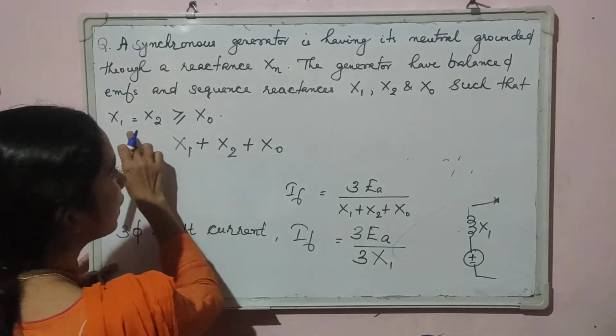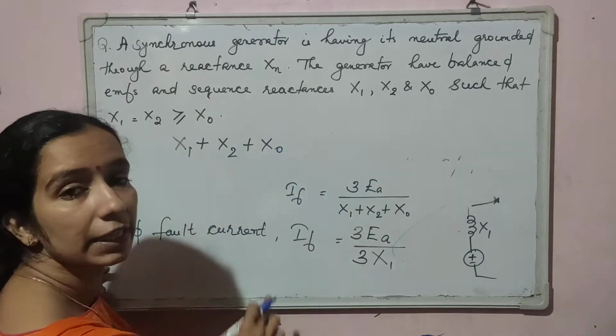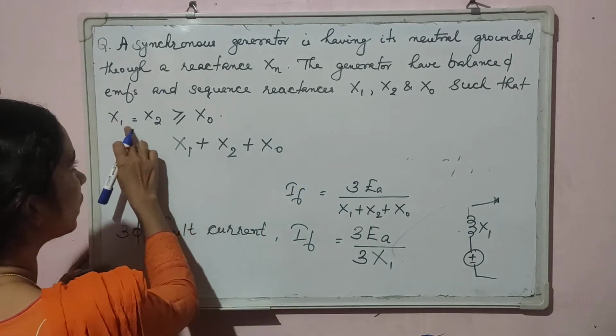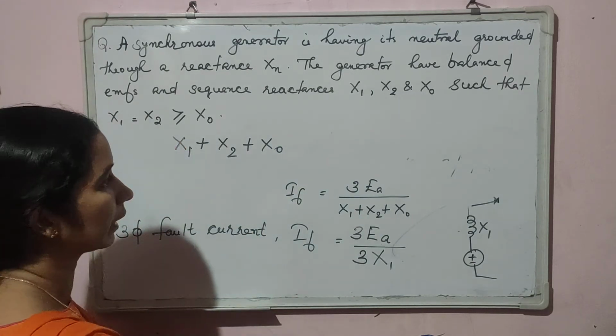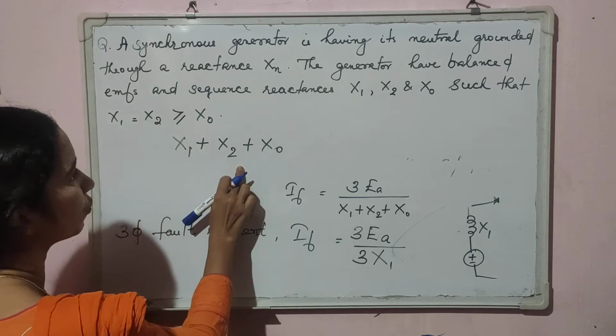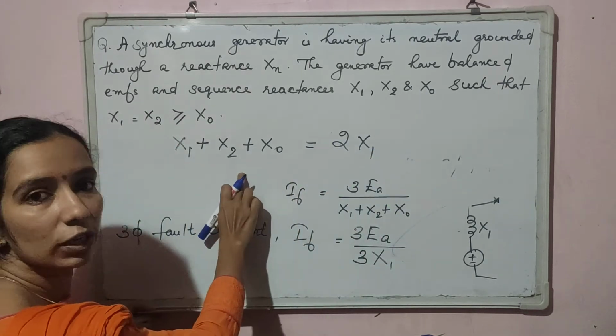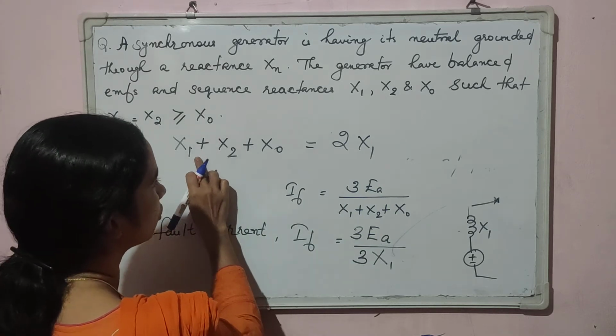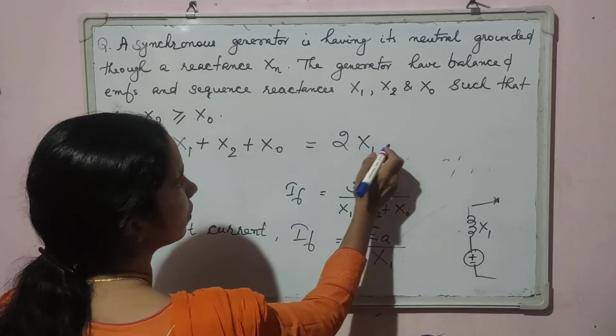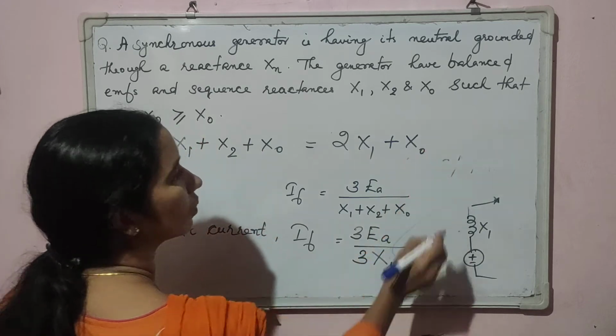Consider the given condition for this particular alternator. X1 is equal to X2. So X1 plus X2 becomes 2 times X1, and this becomes 2X1 plus X0.